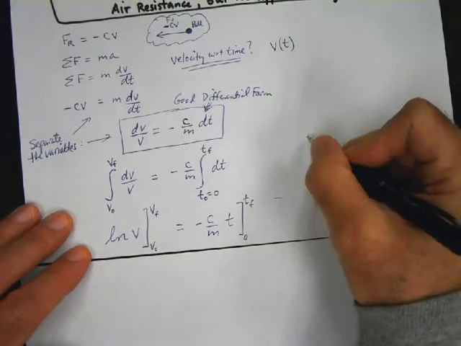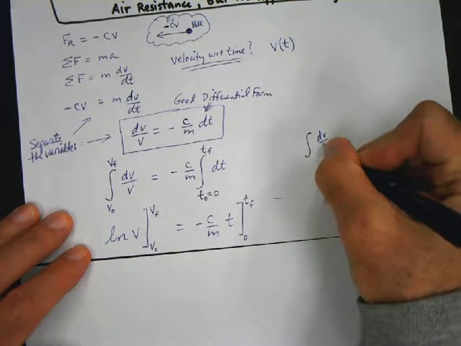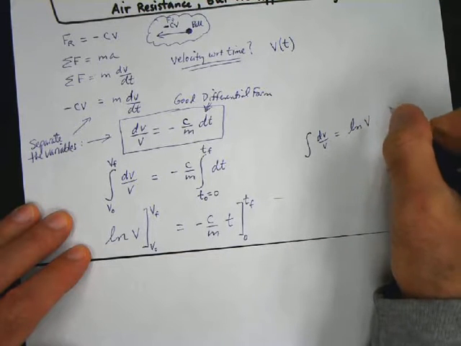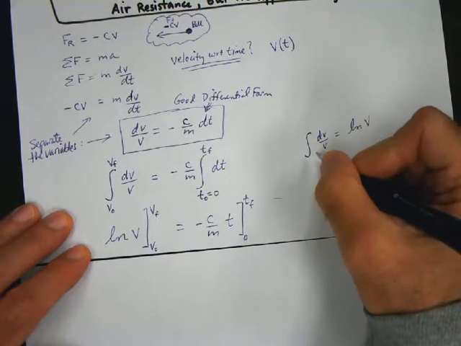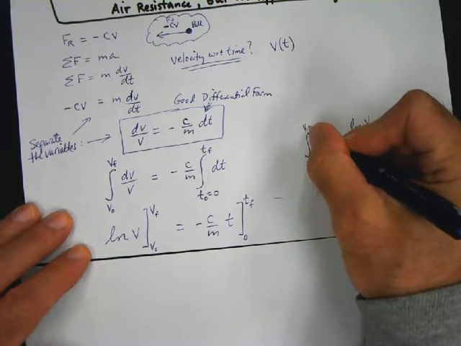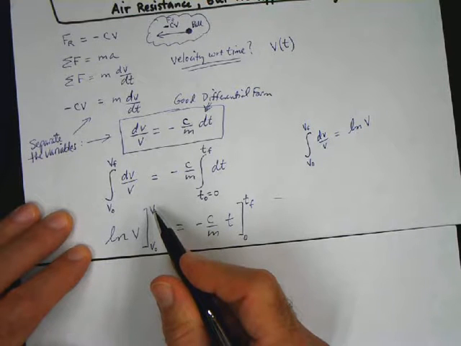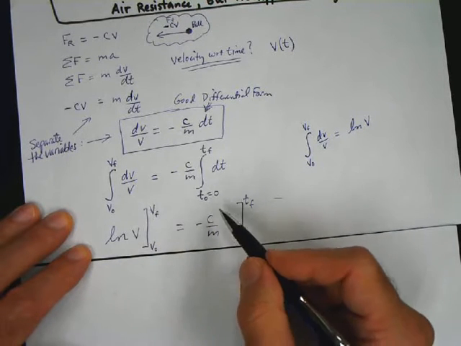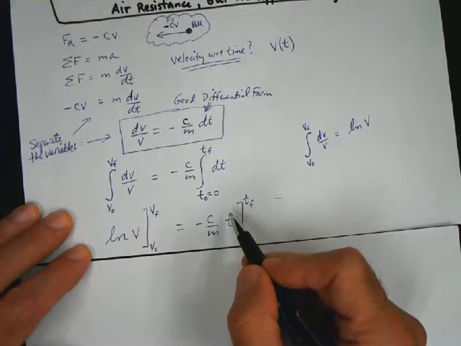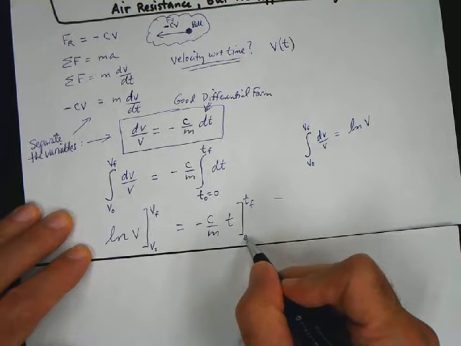Okay? Now, it turns out that the integral of dv over v is equal to the natural log of v. And if we're going from v naught to vf, we need to evaluate from v naught to vf. The integral of dt is just t.